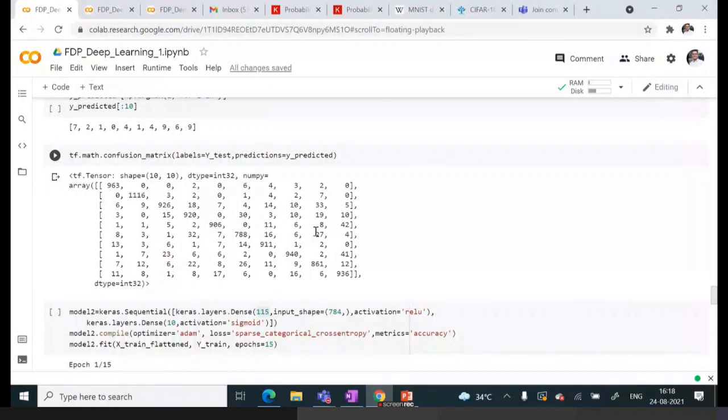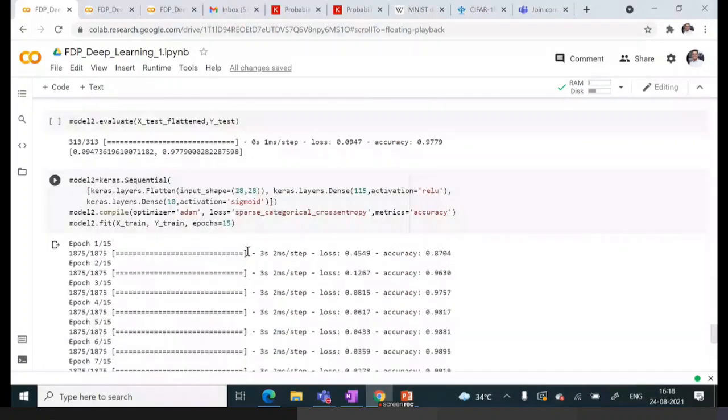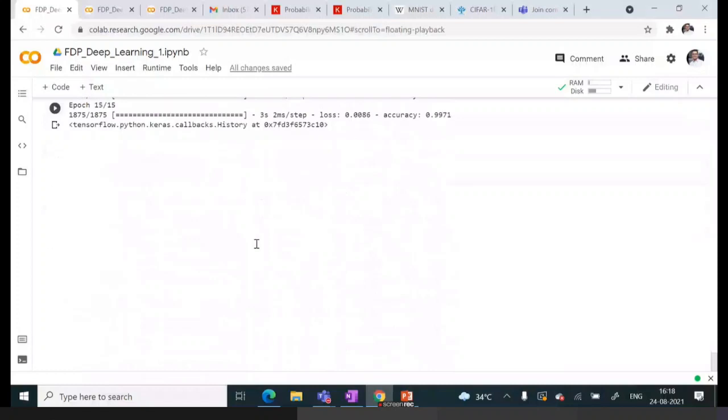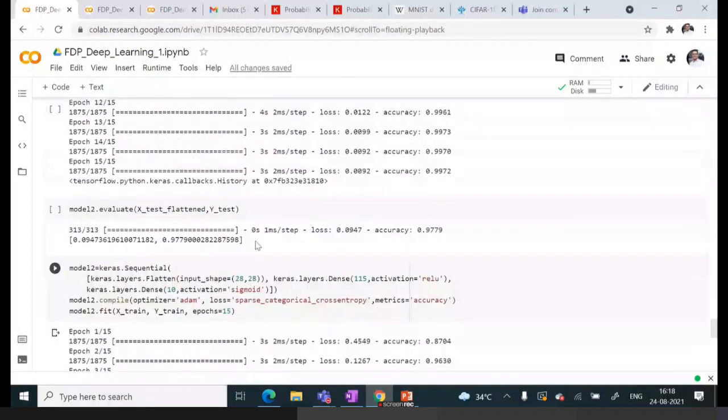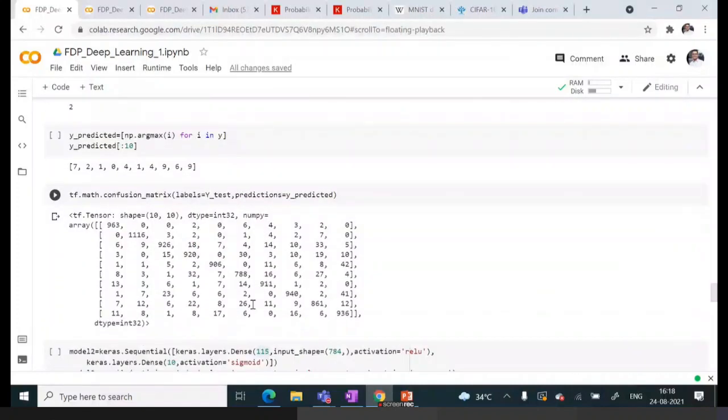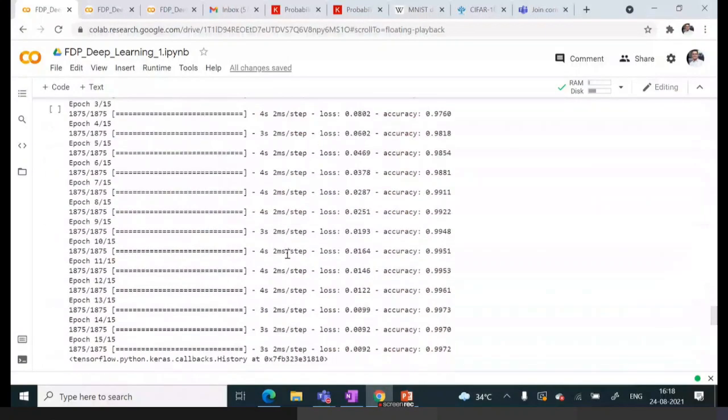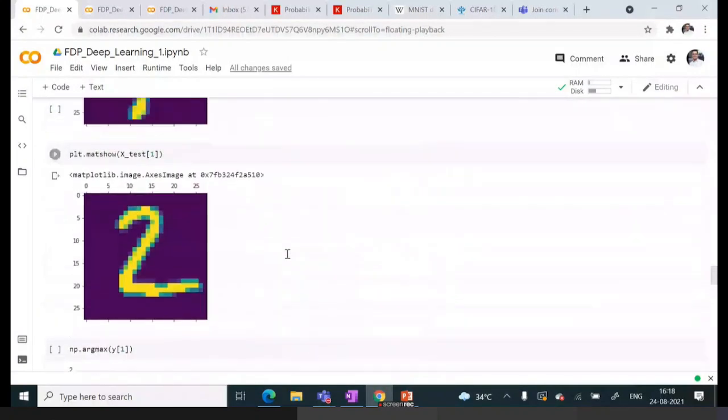So those kinds of errors correspond to non-diagonal values. Right? And the same thing we can do with respect to model 2 also. We can print this confusion matrix too, but the number of non-zero off-diagonal values will be less, because model 2 is slightly more accurate than model 1.